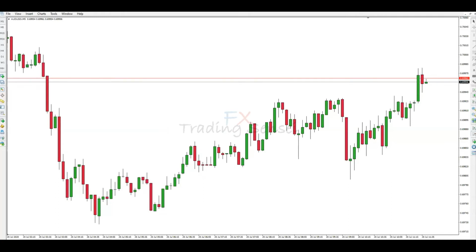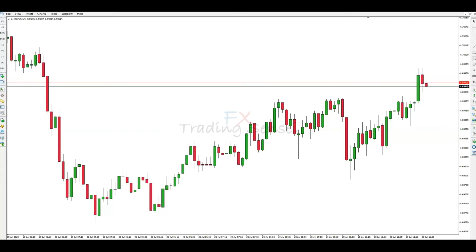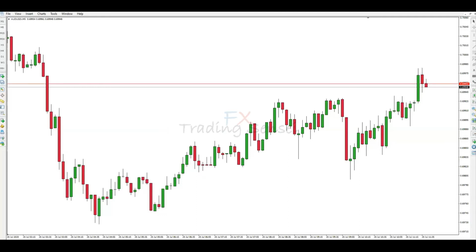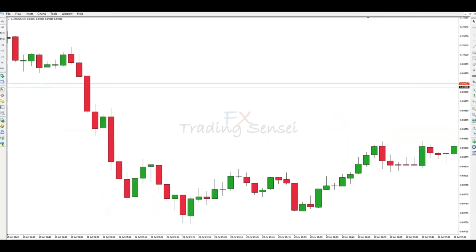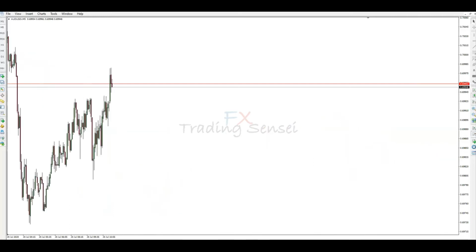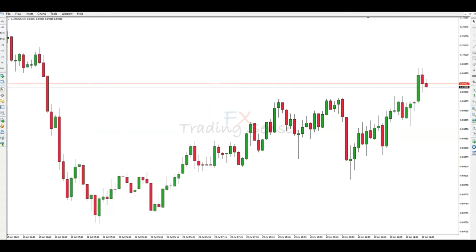But if you want to make the candlesticks larger or smaller, all you need to do is put your cursor in the time section, this time axis here, left click and scroll to the right to make larger, or scroll to the left to make them smaller. So that is how you can adjust the candlesticks as far as the size of them.